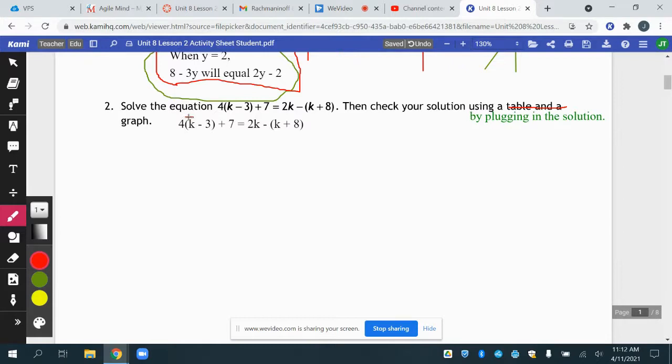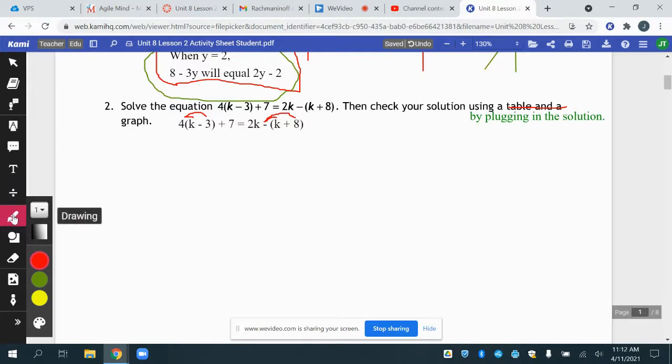When you have parentheses, remember this 4 is being multiplied by k and by -3. With this negative, I'm subtracting a k and I'm subtracting the 8, so it also distributes. I'm just subtracting the whole thing.